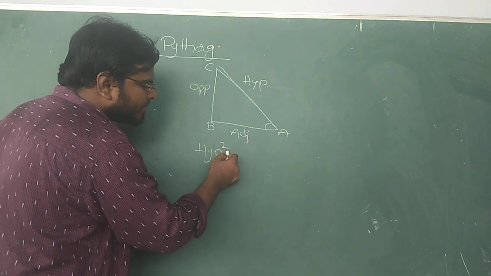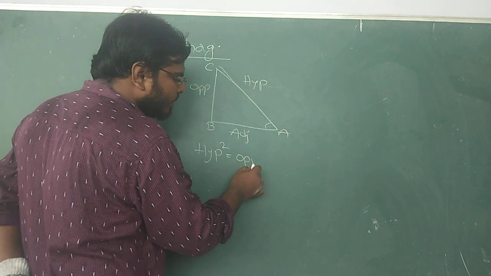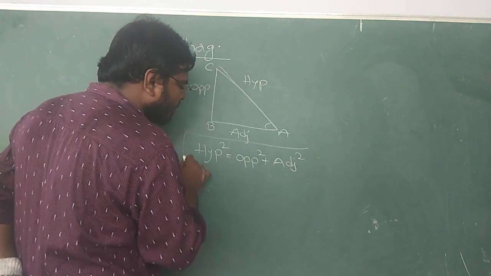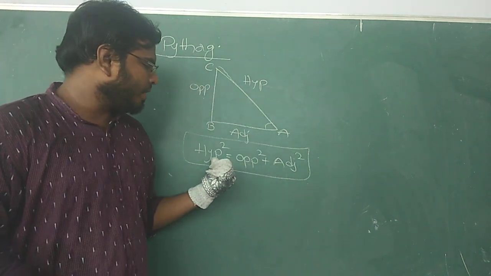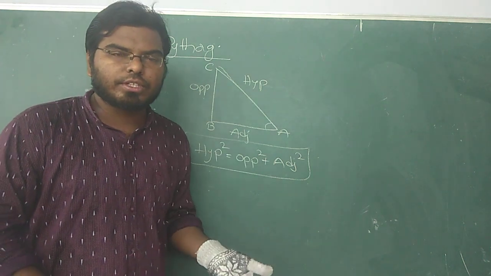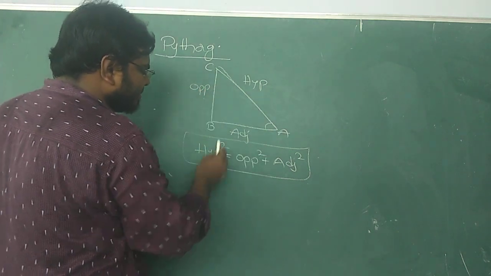Hypotenuse square is equal to opposite square plus adjacent square. You learn this one in your class. Understand carefully. Hypotenuse square is equal to opposite square plus adjacent square. The side is AC here.